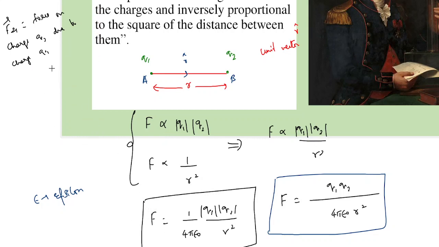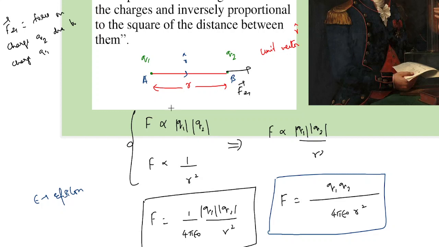So that force is given like this. Now it basically means it is the force on charge Q2 because of charge Q1. Since both of these are the same polarity, Q1 would push Q2 away. So force would be in this direction. This is called F21.